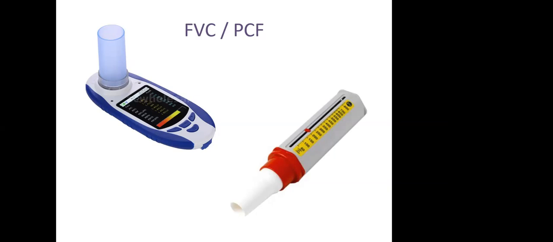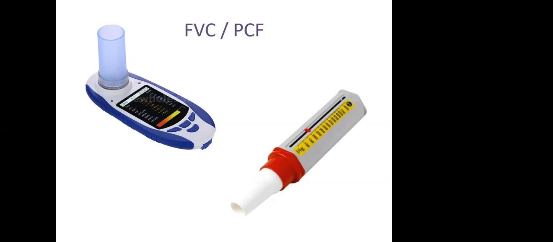FVC, our forced vital capacity, is the amount of air that can be forcibly exhaled after taking a large breath in. This is comparable to peak cough flow. There's going to be a direct correlation that if you can't take a deep breath in, you don't get that expiratory force. So we're measuring different things and we'll get different values, but we're measuring volume as opposed to flow with this one.